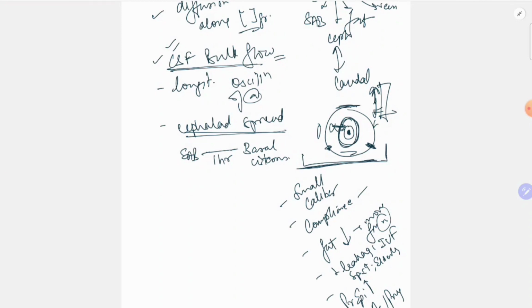If I compare different spinal levels, if I am injecting a drug in the lumbar area, the drug will have a tendency to go cephalad, lumbar as well as the lower thoracic.